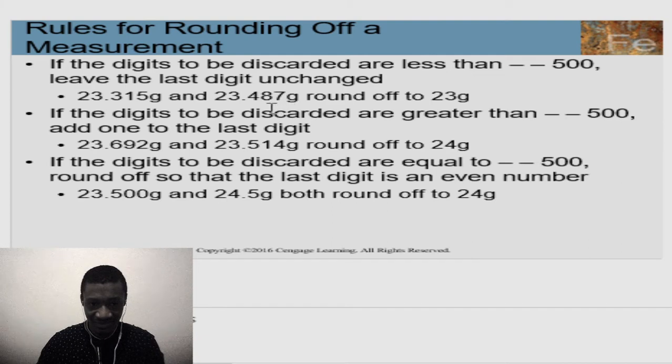That's why in the next part, you notice that once you have 23.679, you can round this off to 24, because this is over half and this is half exactly, so it can round off to 24. So that's the idea.